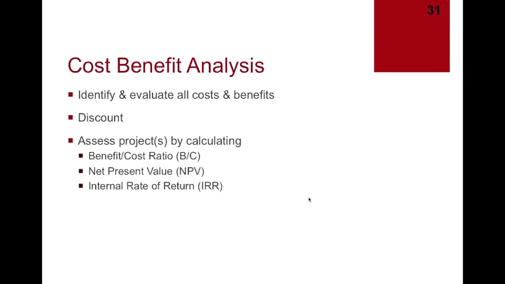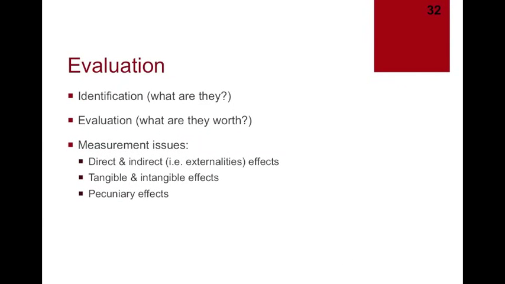We want to assess projects by looking at the benefit cost ratio, the net present value and the internal rate of return. Those of you who have done finance already would have come across pretty much all of these, but I just wanted to refresh your memory and remind you that when we do operations analysis, we actually borrow these tools and bring them to bear on the decisions that we're making in this environment.